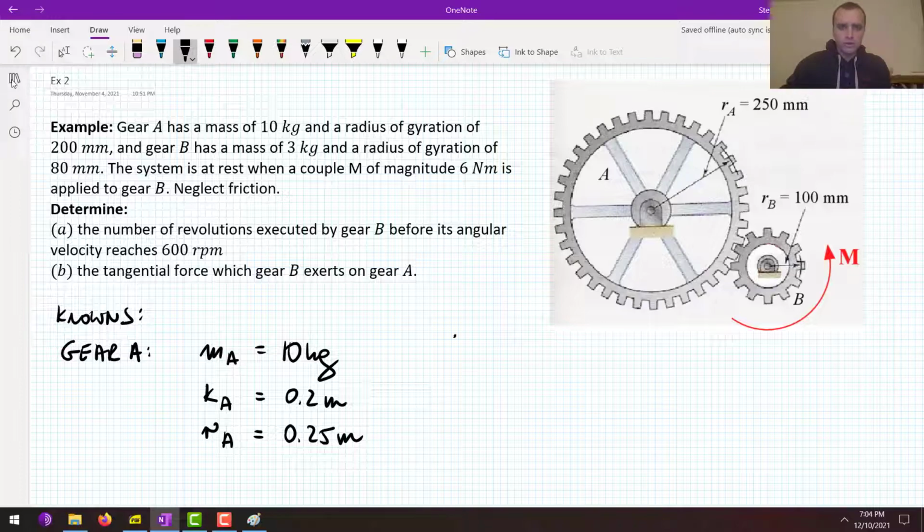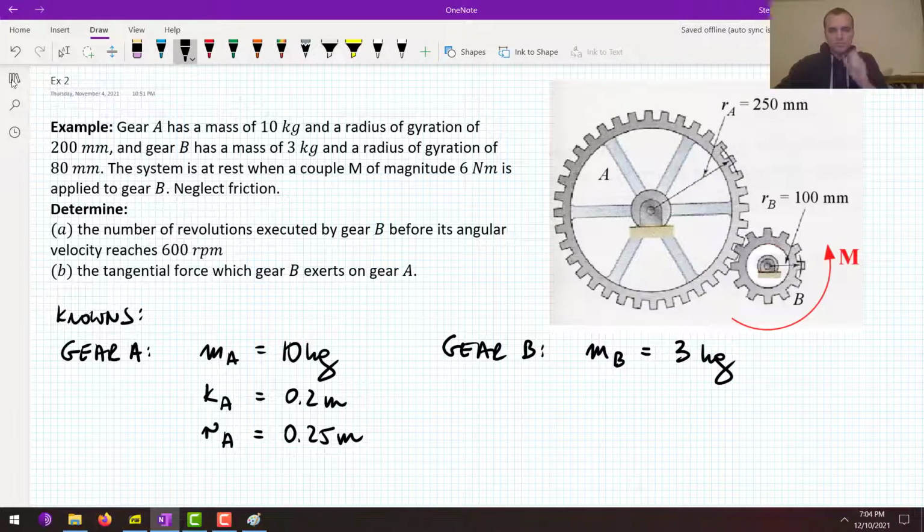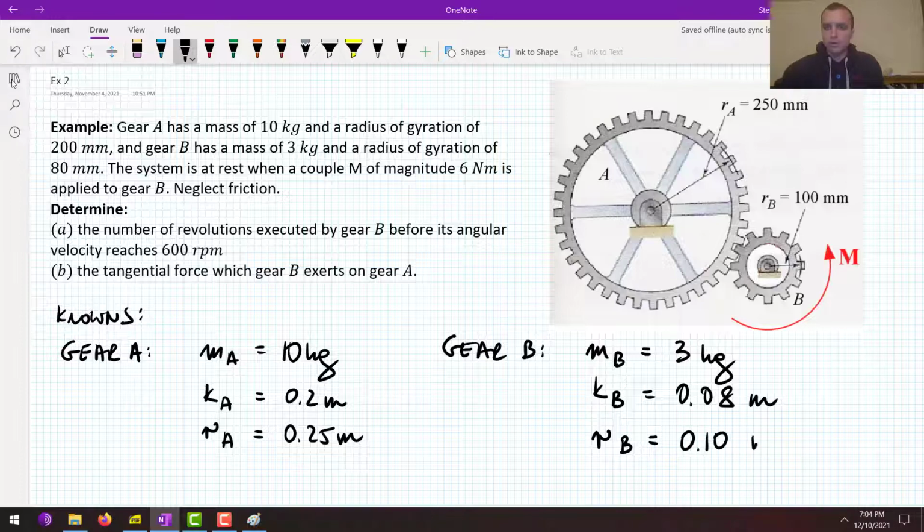When it comes to gear B, we know that its mass is 3 kilograms. Its radius of gyration is 0.08 meters, and the radius of gear B is 0.1 meter.